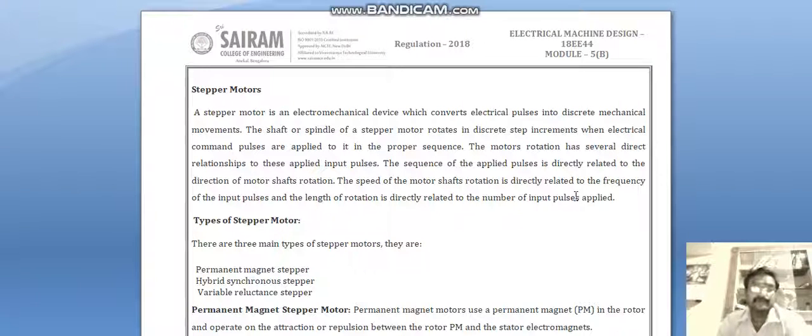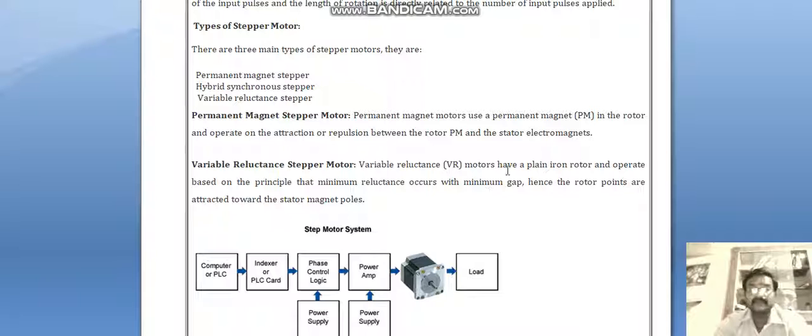The types of stepper motors: permanent magnet stepper motor, hybrid synchronous stepper motor, and variable reluctance stepper motor. A permanent magnet motor has a permanent magnet in the rotor and operates on the attraction or repulsion between the rotor permanent magnet and the stator electromagnet.